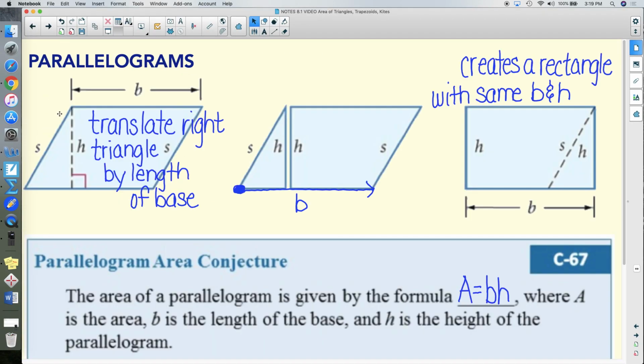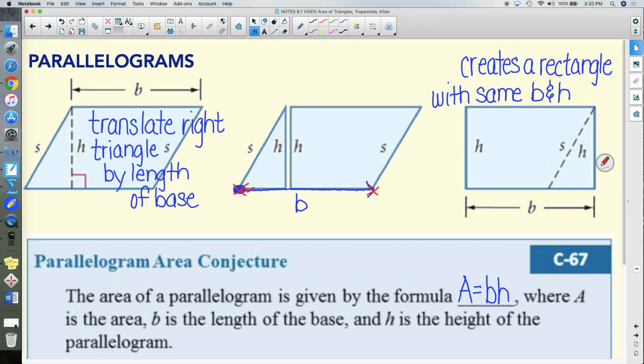So coming back to something we can maybe annotate, we started with a parallelogram and we translated that right triangle, and it can go to the left or to the right. It could go up or it could go down. It just depends on which way your parallelogram is facing. I translated by a vector straight to the right, a vector the length of the base, which means that initial left-hand point right here would end up here.